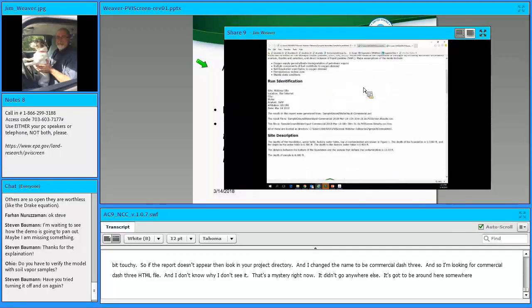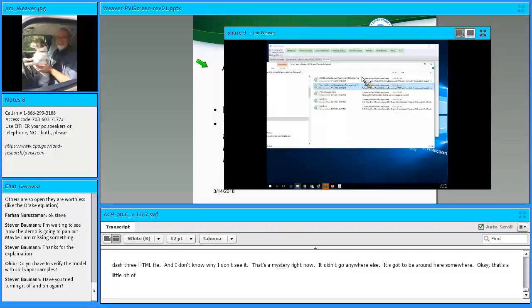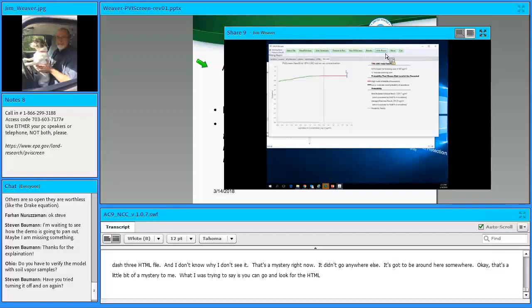Okay, well, that's a little bit of a mystery to me. What I was trying to say was you can go look for the HTML file and then just double-click it, and it'll come up in your browser if it doesn't come up in the right report window.